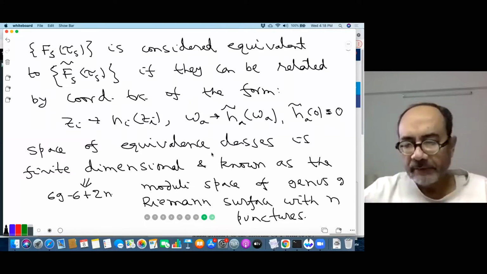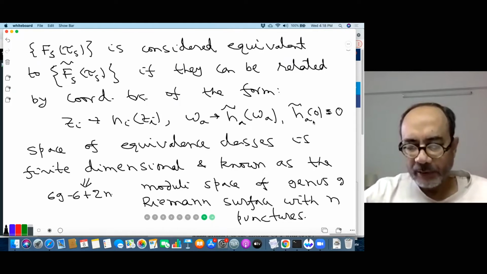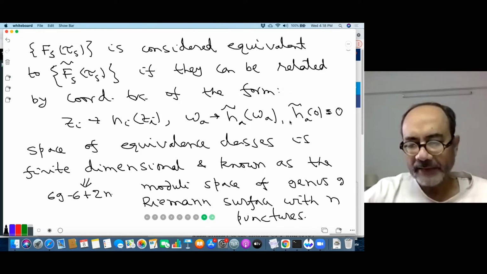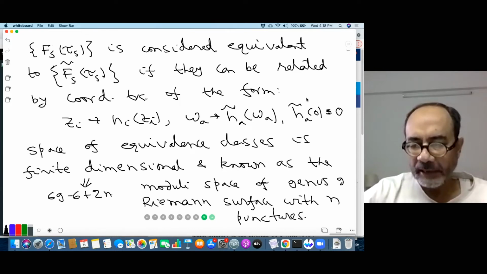If this condition was not there, then the dimension would be reduced further by 2n, and that would be the moduli space of genus G Riemann surfaces without punctures, because the information about the punctures comes from the fact that we only allowed coordinate transformations that do not move the punctures. So that restricts the set of allowed coordinate transformations and hence increases the dimension of the moduli space.